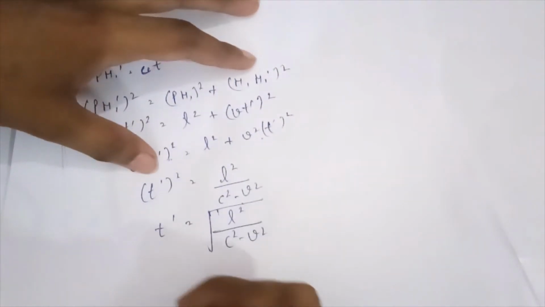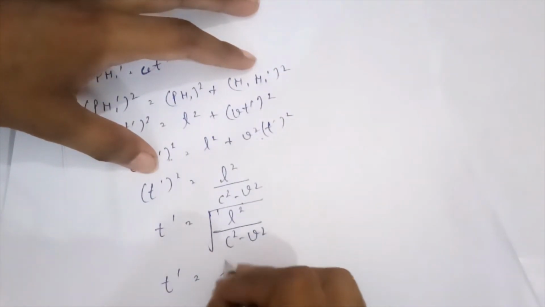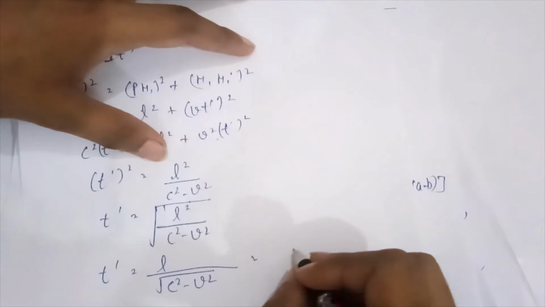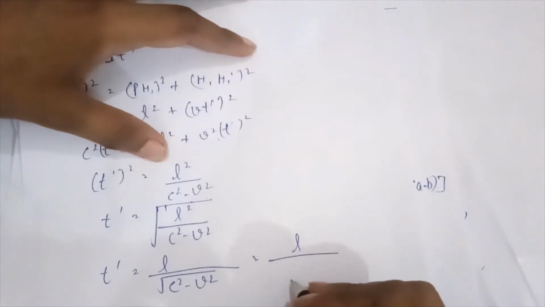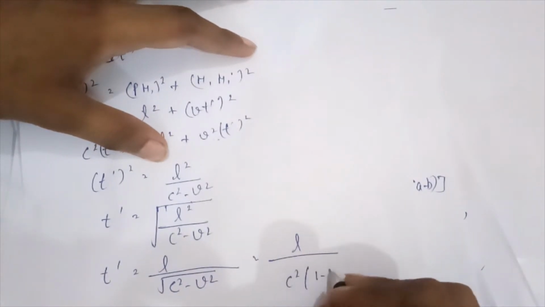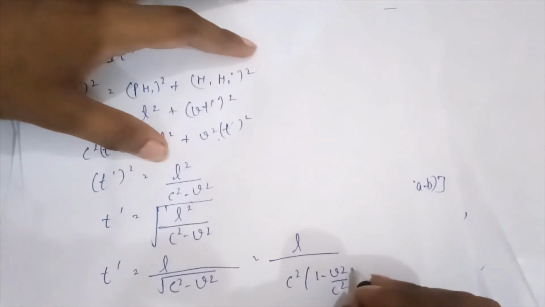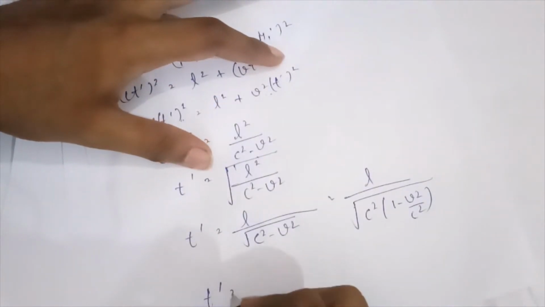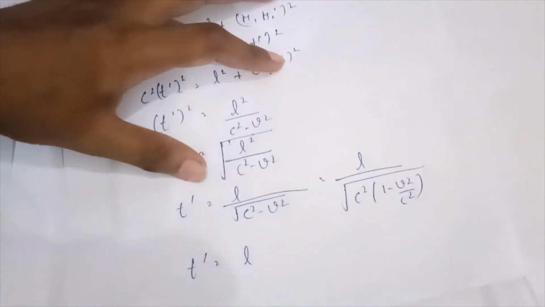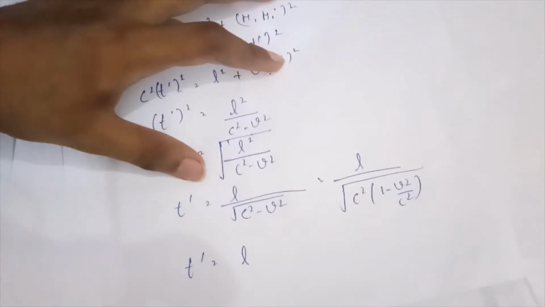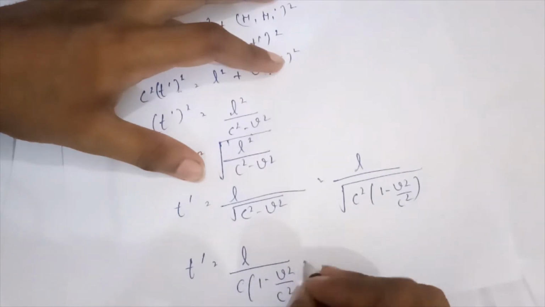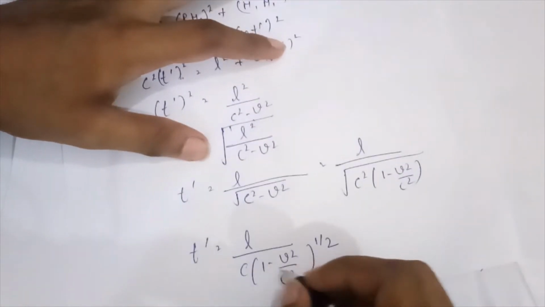So finally T dash equals L upon under root of c square minus v square, and now taking c square common, we get c square into (1 minus v square upon c square) under root. So finally we get the value of T dash as L upon c into (1 minus v square upon c square) to the power 1 by 2, meaning under root.